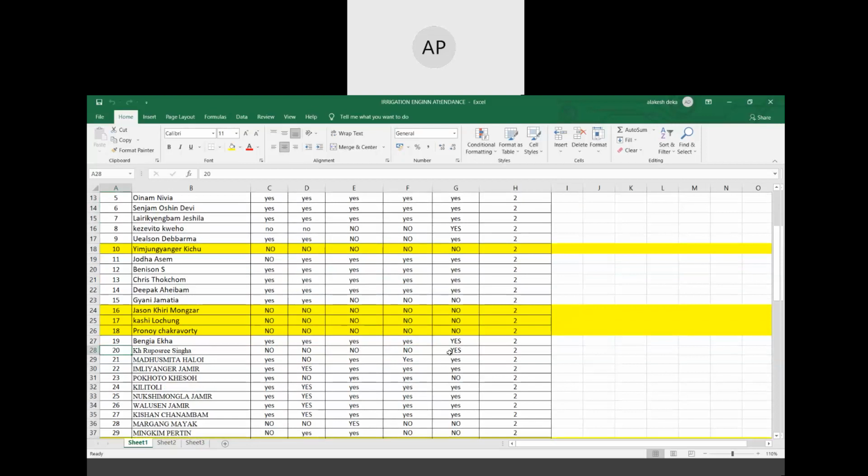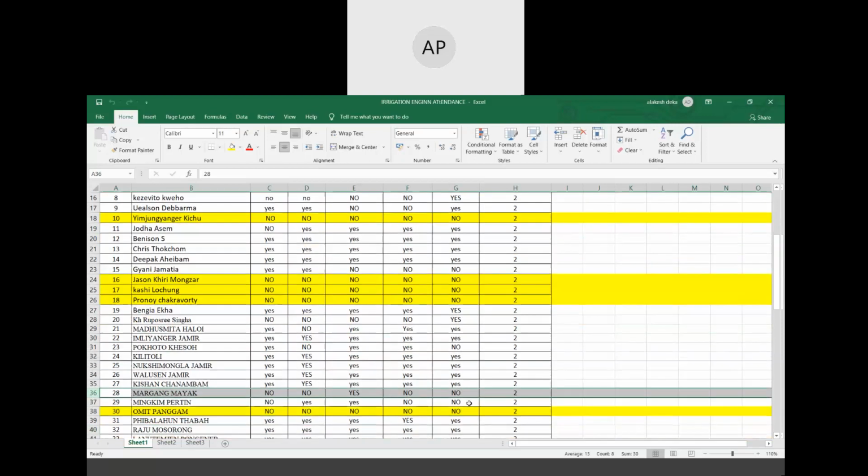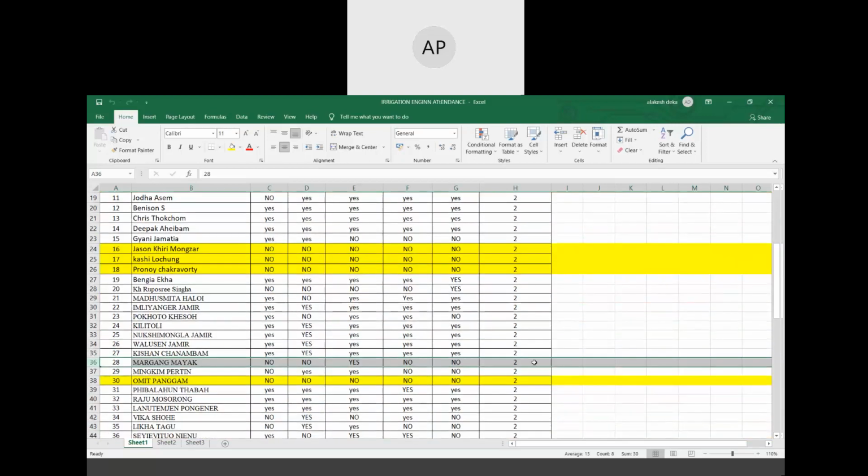Rupasri has done half of my classes. Margak Mayang, are you present today? Absent. He is again totally absent.